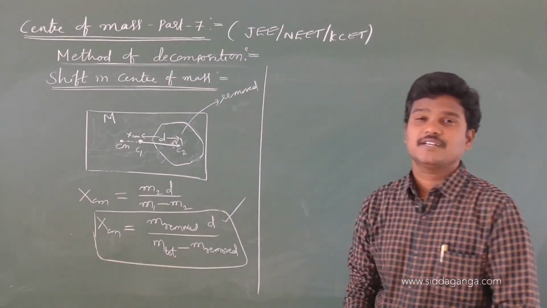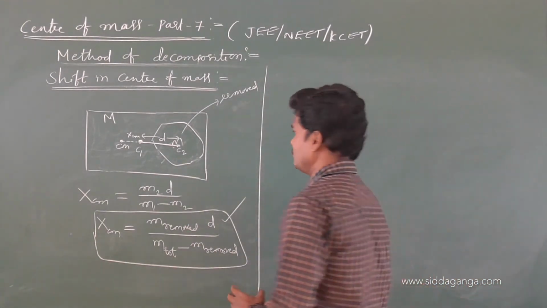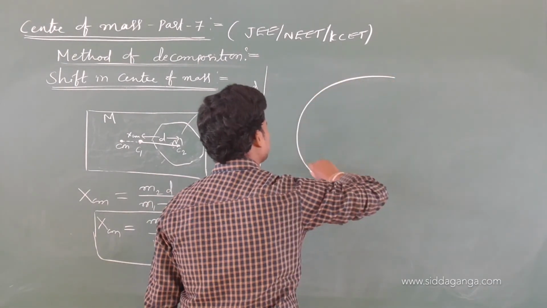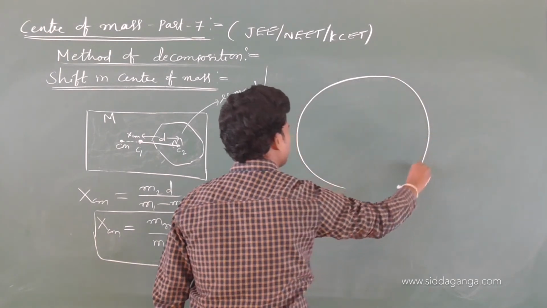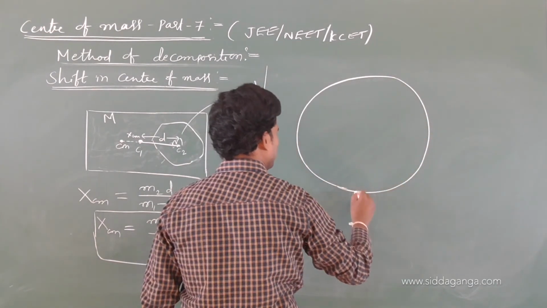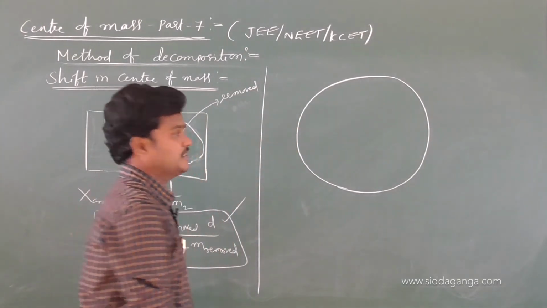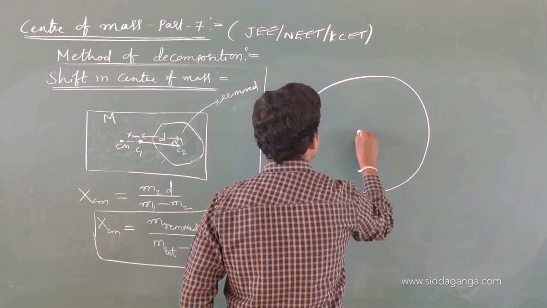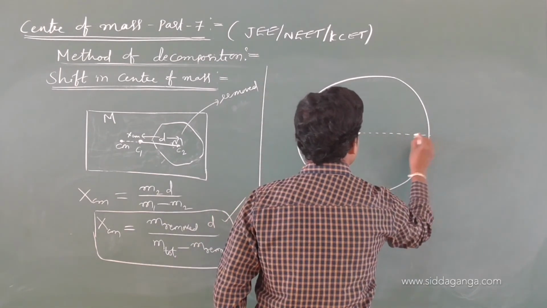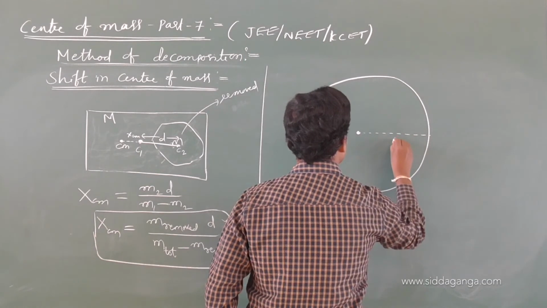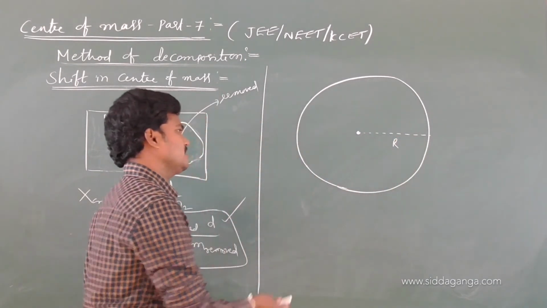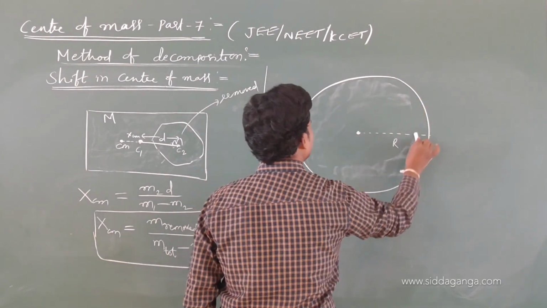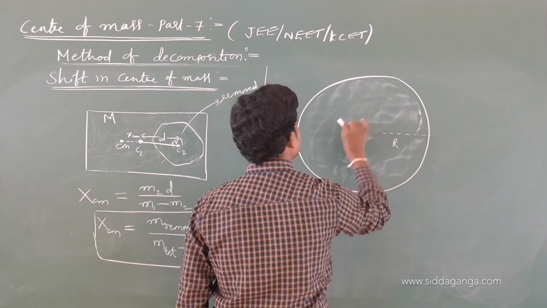So write down the words: a circular disc of radius capital R, from which another circular disc of radius small r is cut, as shown. This is a regular question.